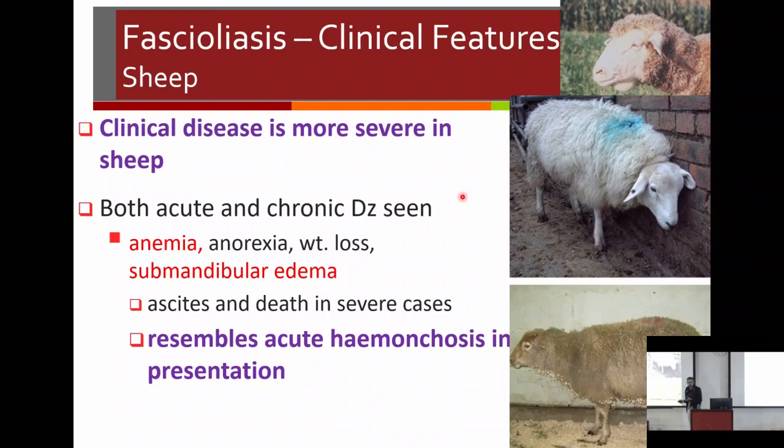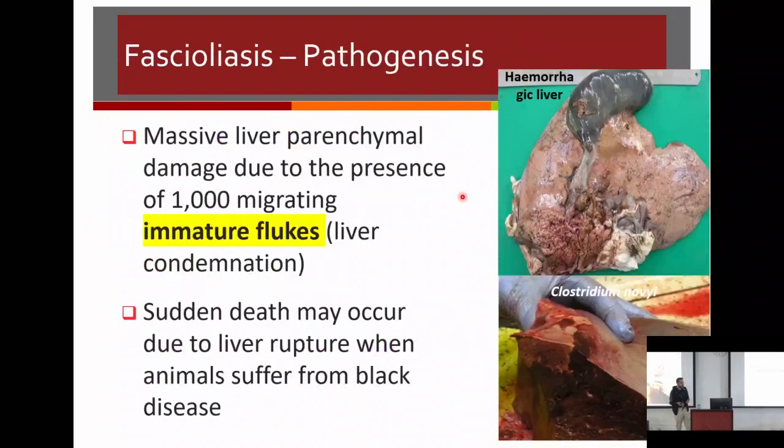flukes, right? Okay, so as far as the pathology, this liver will be damaged due to the presence of these immature flukes, and they are one of the major causes of liver contamination or liver rejection in the slaughterhouses.